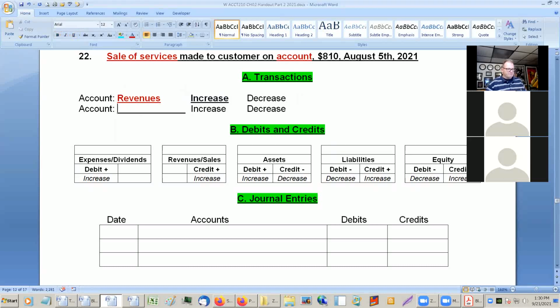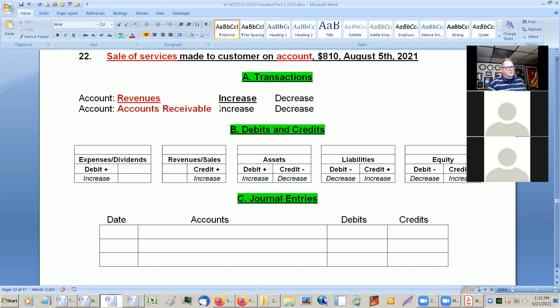What's going to be on the other side? Accounts receivable. Yeah, now they owe us. Accounts receivable going up or down? Up. Good.